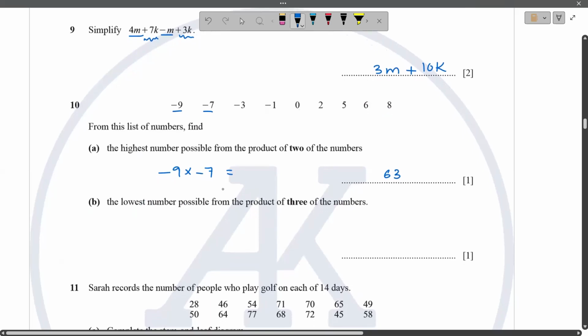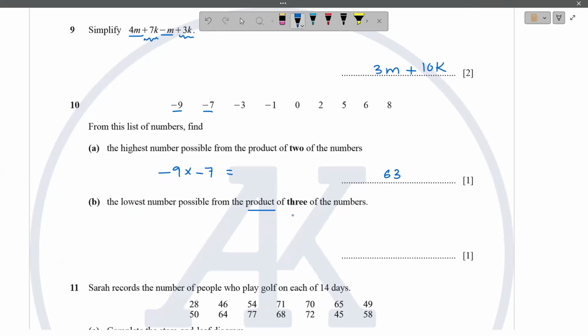The lowest number possible from the product of three of the numbers. So here it will be the largest two numbers multiply another negative number. We can multiply -9 multiply -7, this is 63. And then we need to multiply by a negative number, which is -3.